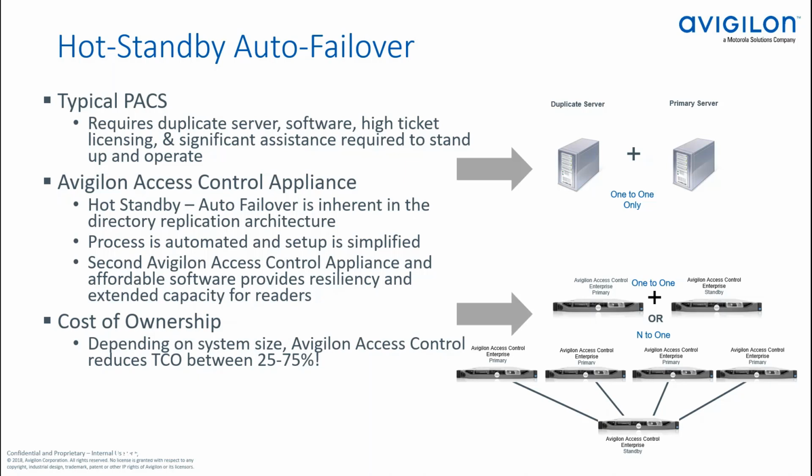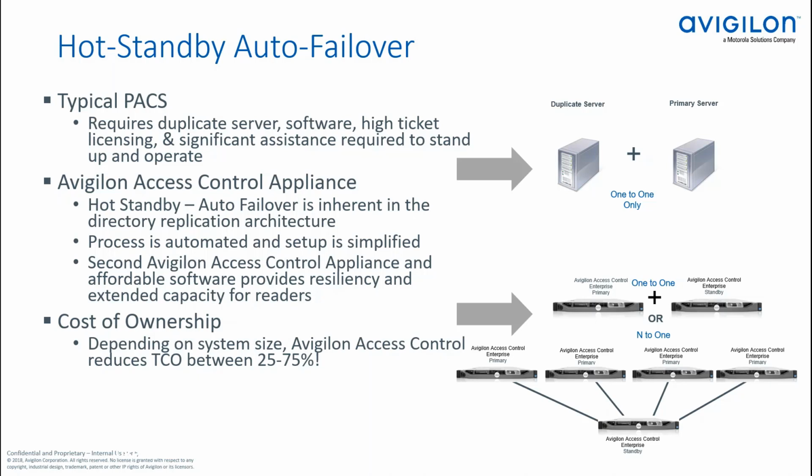ACM replication also offers an auto failover or hot standby functionality. What you see out there in the market today typically is the ability to do primary and secondary servers, one-to-one only, and requires, as I mentioned before, some very sophisticated and also very expensive software and licensing.